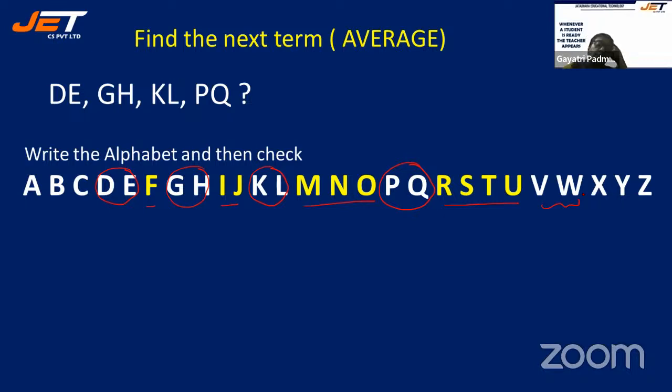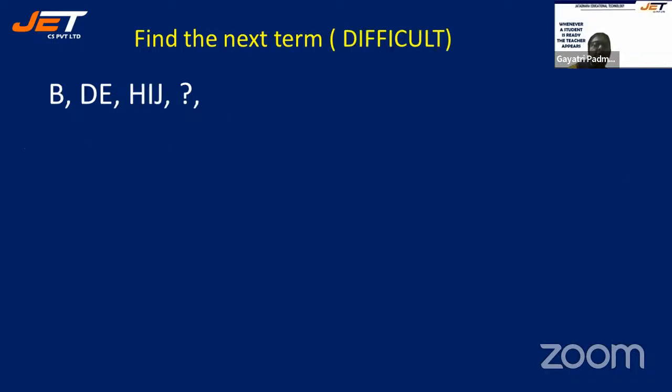I'm sure you would have got the answer and how this should be done. Let's see the answer. So VW is our required answer. Fine. With this, let's move on to the next question.